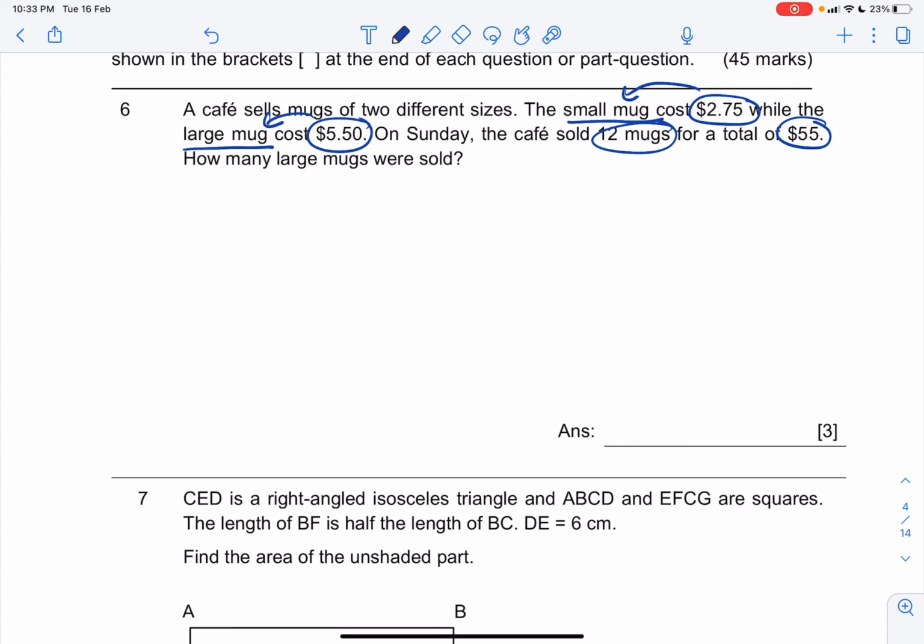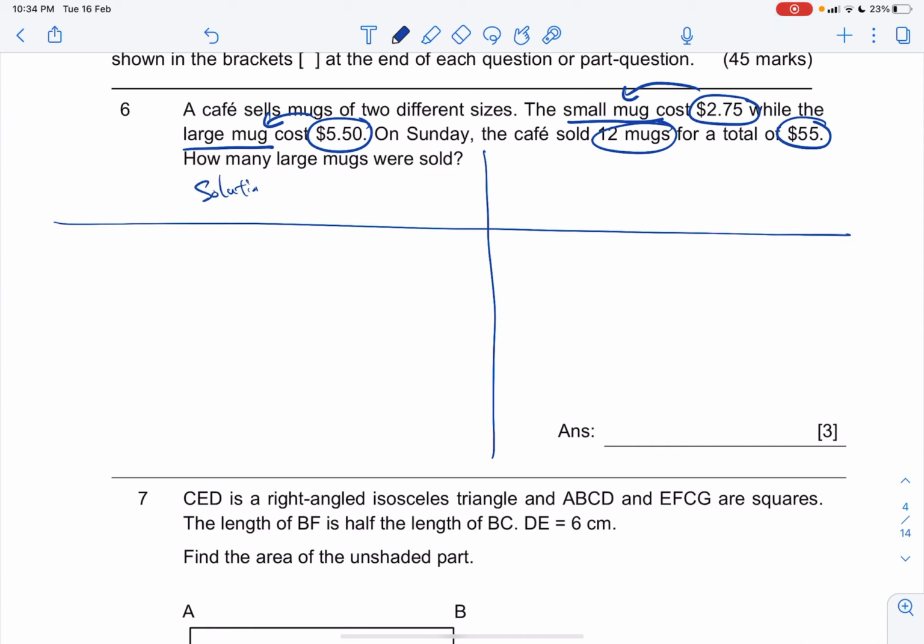Okay, for this, there are two ways of going about it. I'm just going to divide this, and I'm going to call this solution 1 and solution 2 because they are actually both pretty similar.